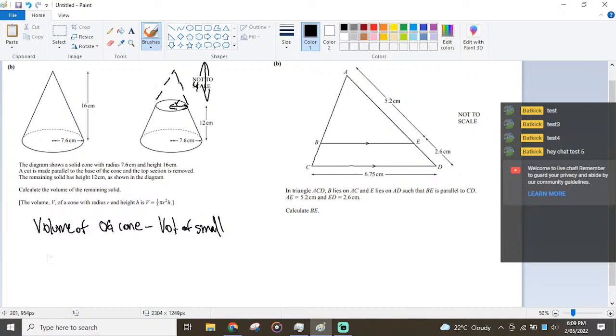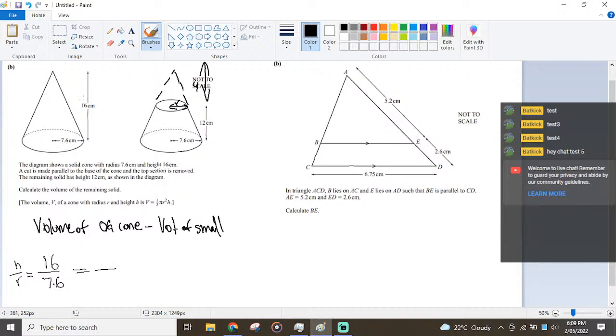So we can write it as a ratio: 16 over 7.6 is equal to height to radius, h over r. You can have them both ways, one on top and one on bottom. Doesn't matter as long as you're consistent.